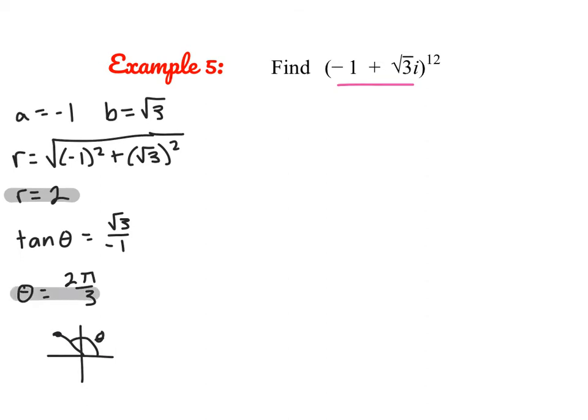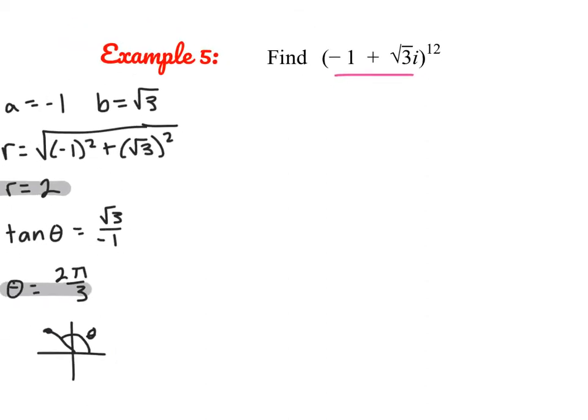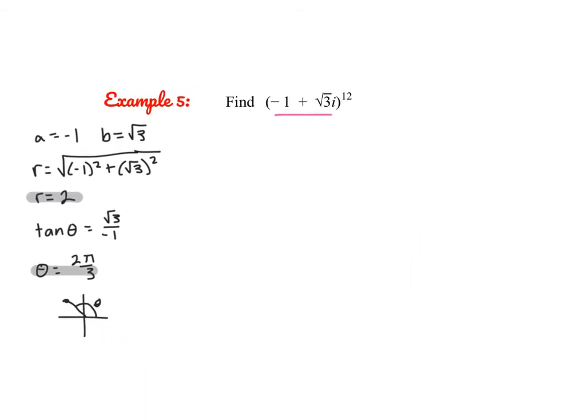So we have r and we have theta. Now we can write this in trigonometric form. So z is going to be 2 times the cosine of 2 pi over 3 plus i sine of 2 pi over 3. Now if we want to find z to the power of 12, let's use De Moivre's Theorem.